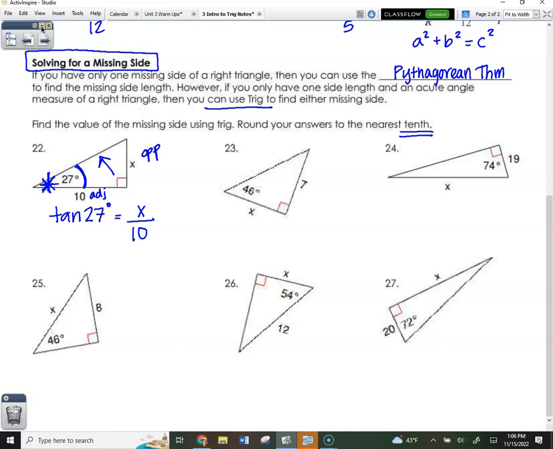So what I have always taught is cross multiply the denominator, but it's going to go over here to the front because that is protected. That tan 27, that is an entity that you can't break up. You don't shove the 10 in there and say 270 because now you just busted the triangle, right? That 27 degrees is an angle. This 10 is not an angle. It's a side.